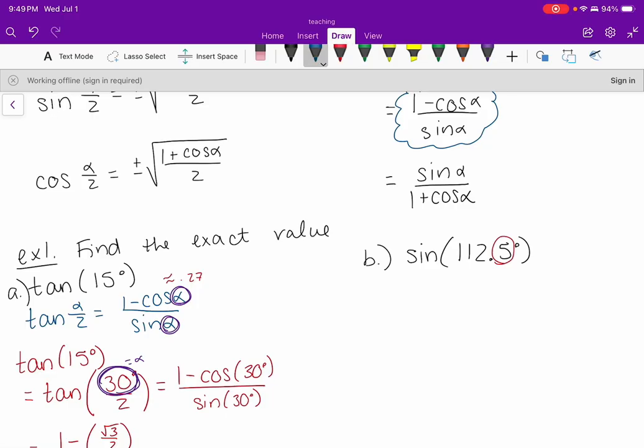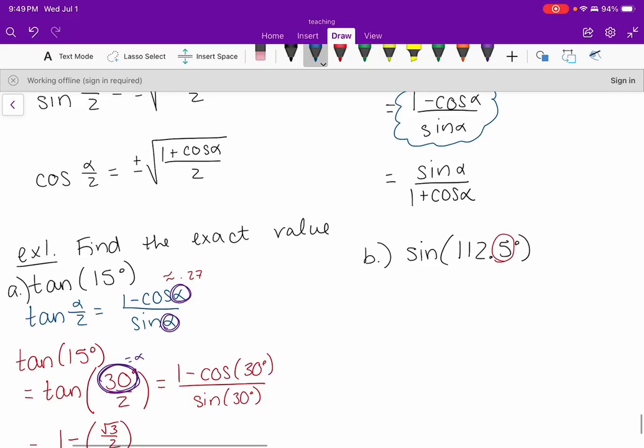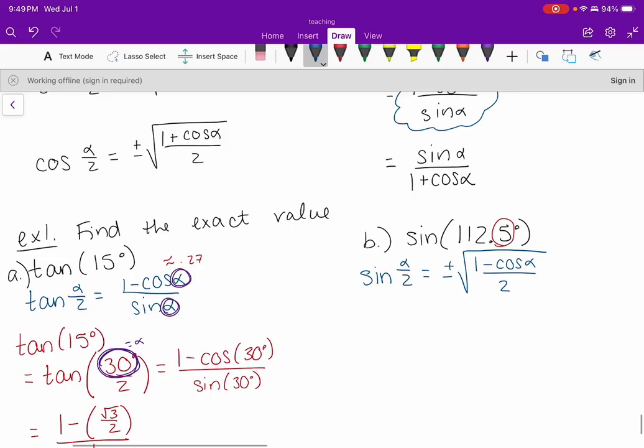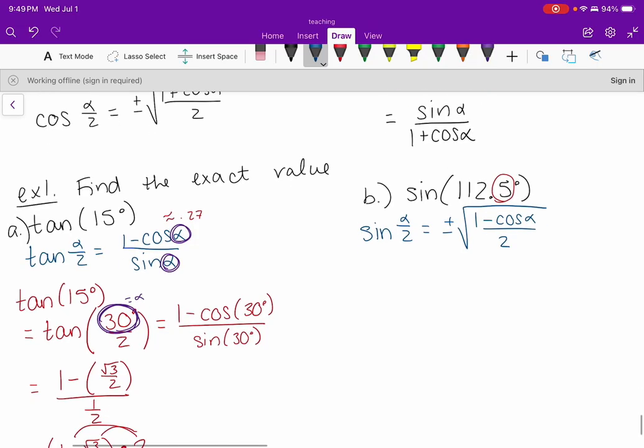So again, I'm going to apply this half angle identity. I'm going to write my identity right here just so we can see it. I have plus or minus square root 1 minus cosine alpha over 2. This plus or minus on the outside of that square root is determined by what quadrant this angle is in.